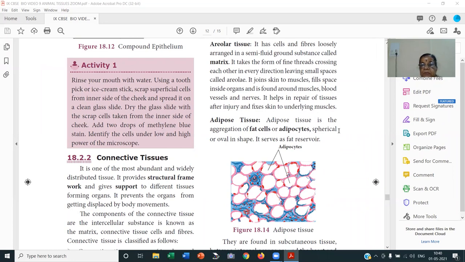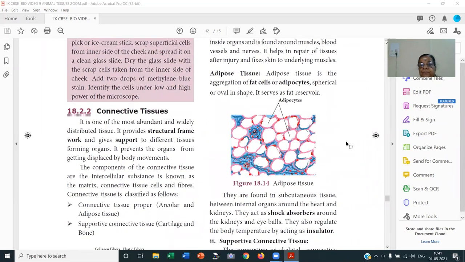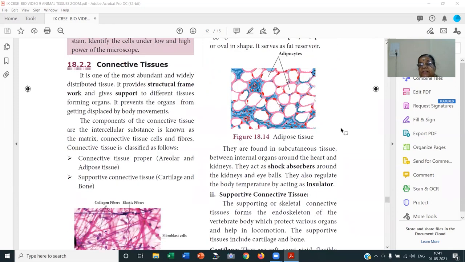Adipose tissue is the aggregation of fat cells or adipocytes. It serves as a fat reservoir. A diagram for it: the blank ones with pink lines are called adipocytes.